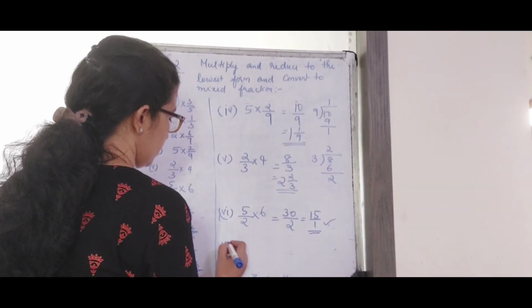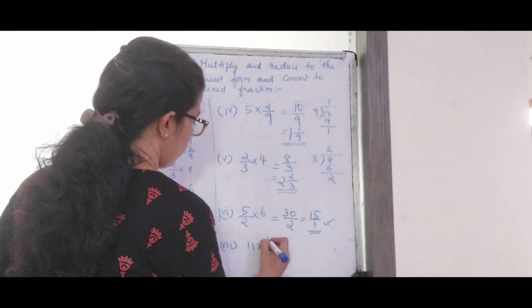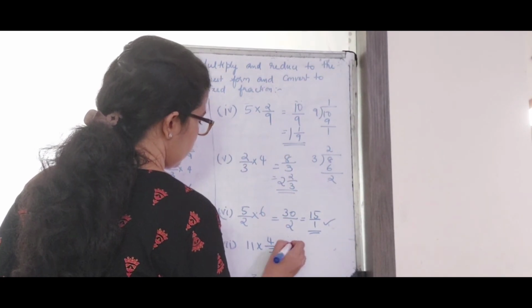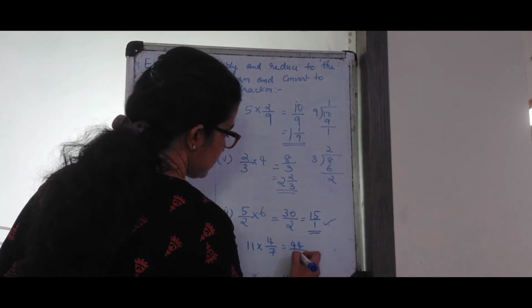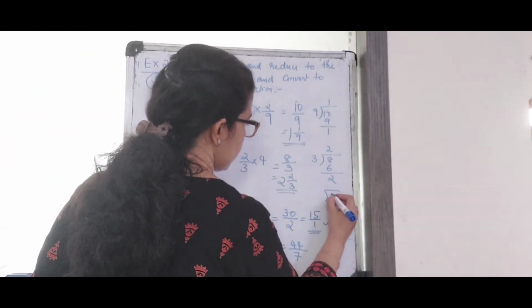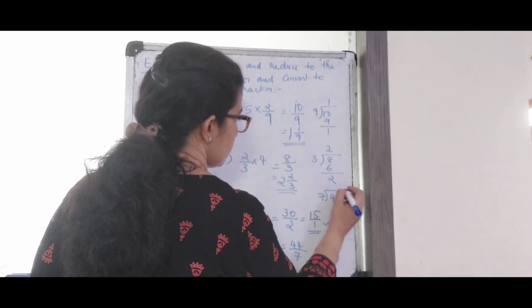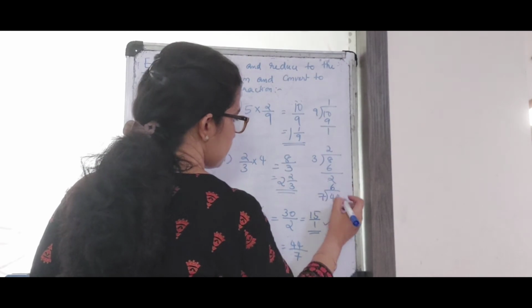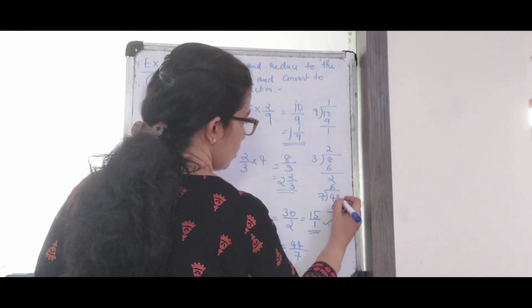Now seventh problem is 11 into 4 by 7. 11 into 4 is 44 by 7. Right? So 44 by 7, if you convert to mixed fraction, 6 7s are 42. 2.